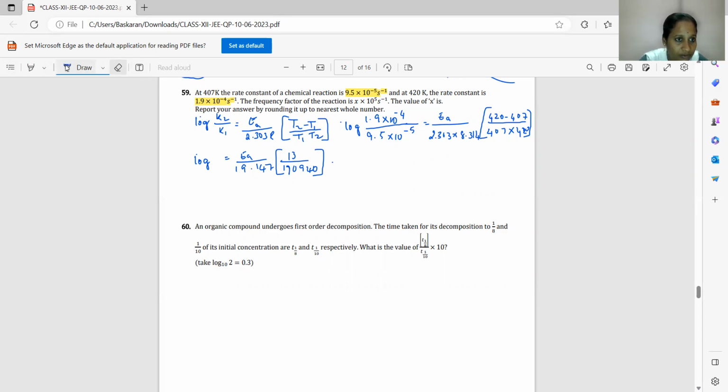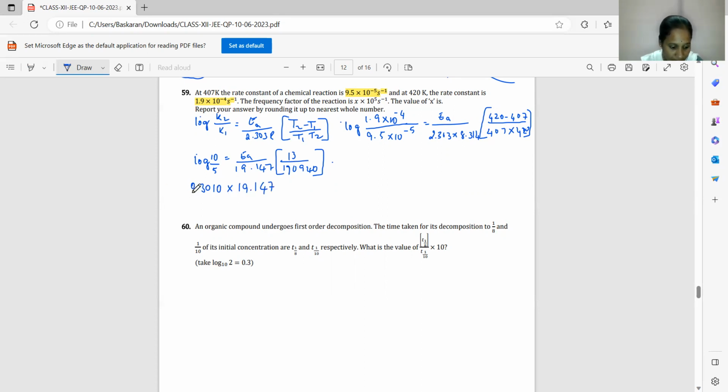Okay, one second. Otherwise I can write 10 by 5 which is equal to log 2. So log 2 value is 0.3010 into 19.147.